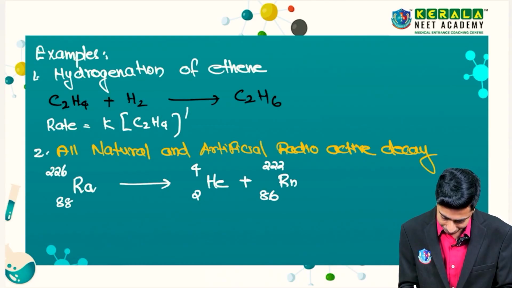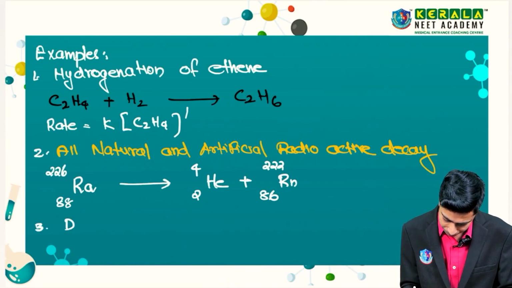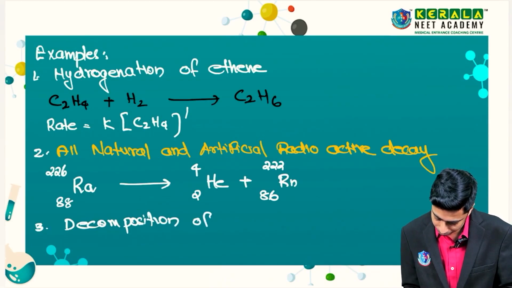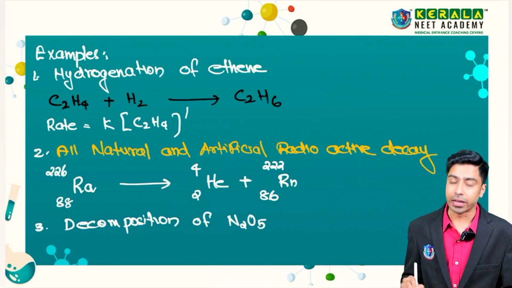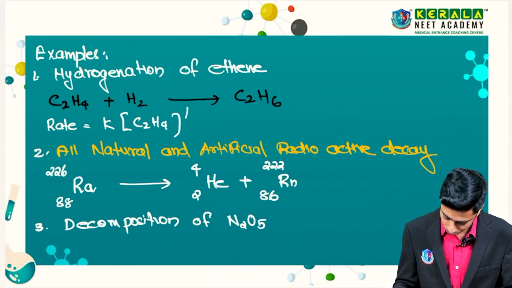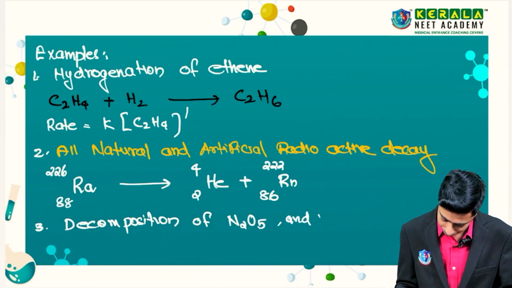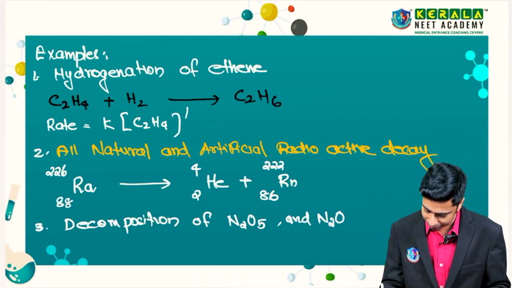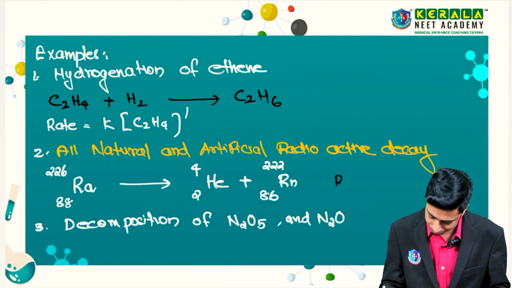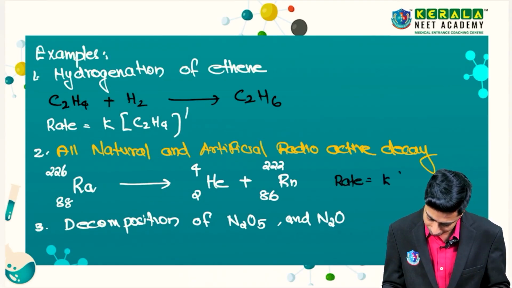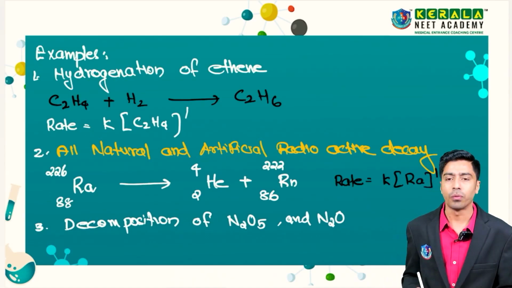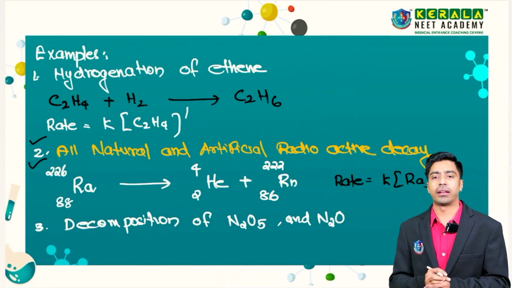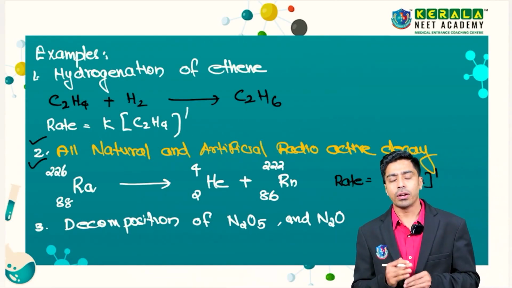Another reaction is decomposition of N2O5, and also decomposition of N2O. All these are examples for first order reaction. In radioactive disintegration, I can write rate is equal to k into concentration of radium raised to 1. So this is a very important example. That means all natural and artificial radioactive decay are examples for first order reaction.